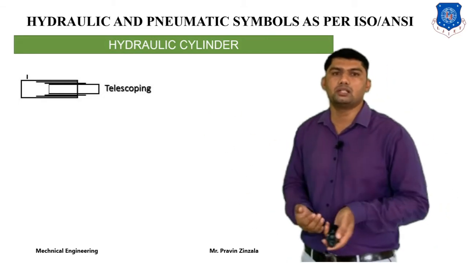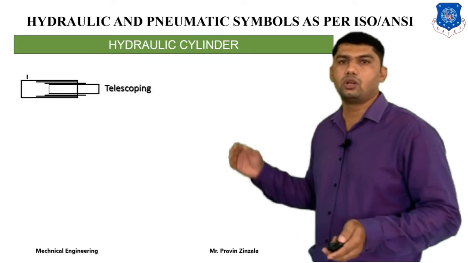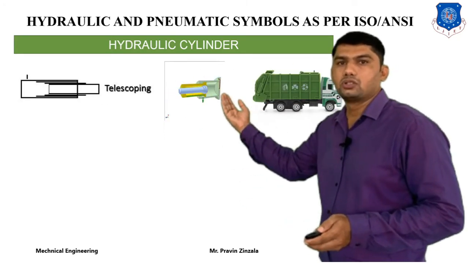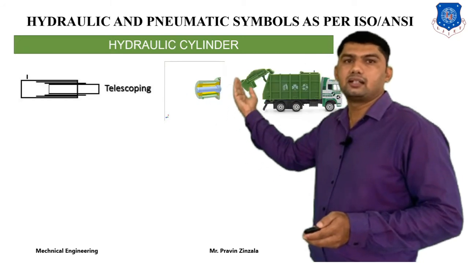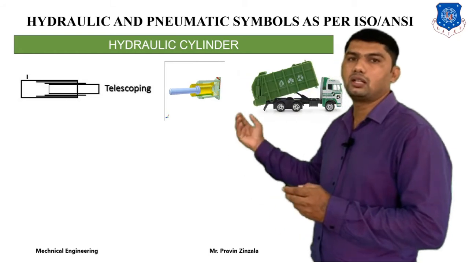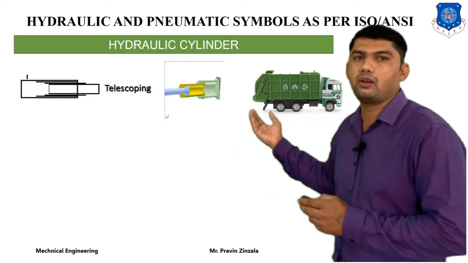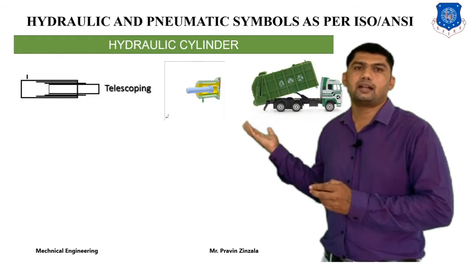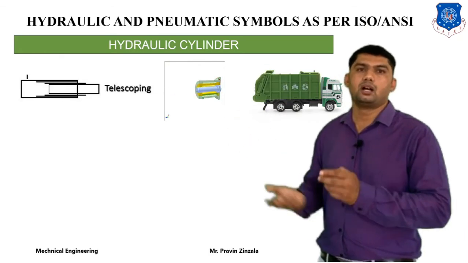If two or more cylinders are inserted into each other, it is called a telescopic cylinder. By applying force, the first cylinder extends, then the second cylinder, and then the third cylinder. A well-known example of a telescopic cylinder is in trucks or tractor trailers for loading and unloading purposes.